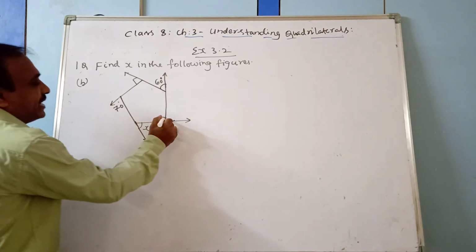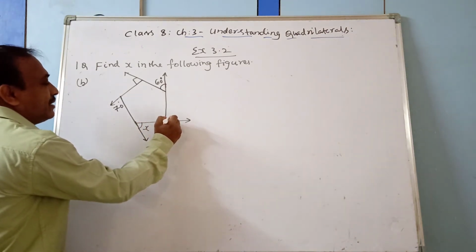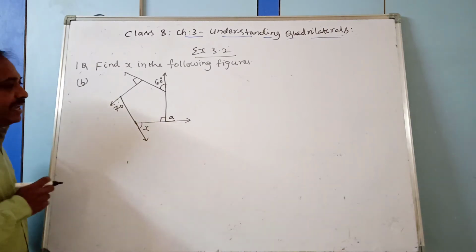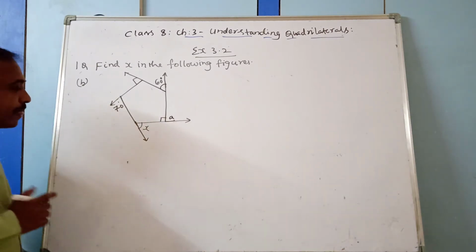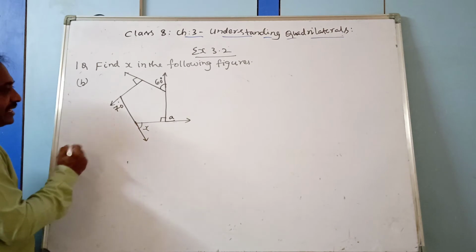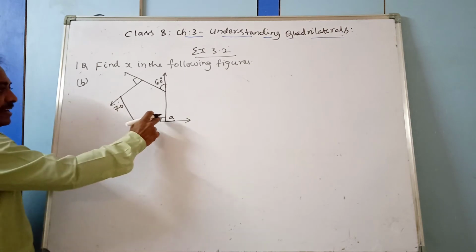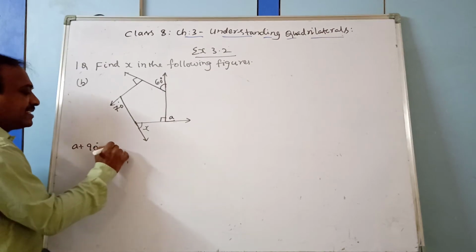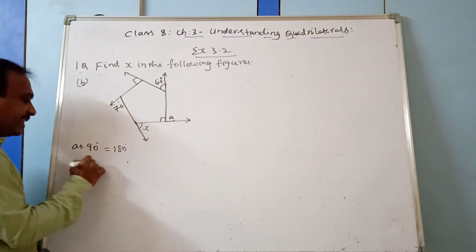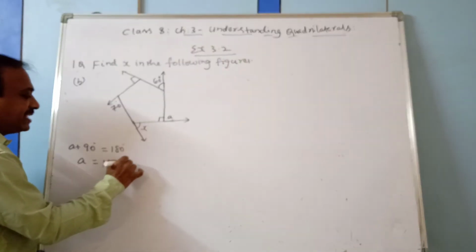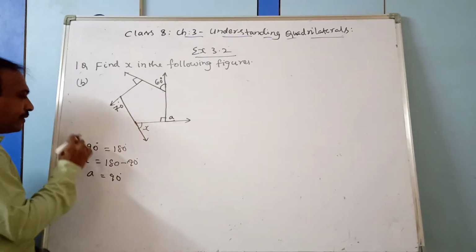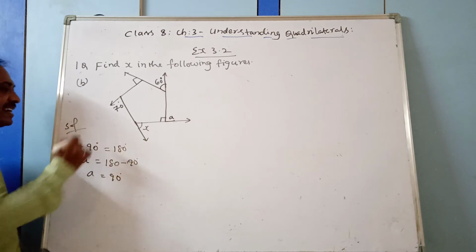Now you see, if it is 90, this side also will be how much? I will write here A. Are you following? So, given that, observe it, A plus 90 degrees is equal to 180. Then A is equal to 180 minus 90, which will give you 90 degrees. So therefore A is equal to 90 degrees.